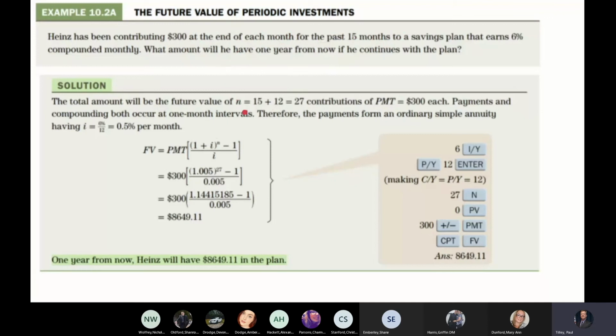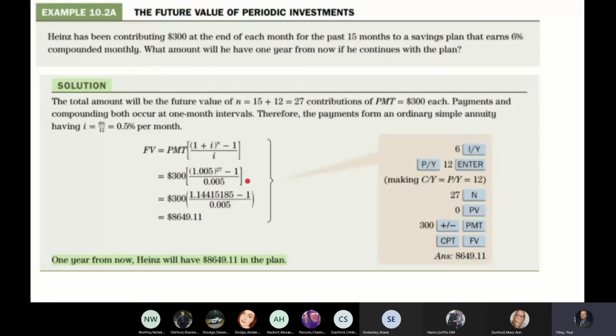And then we say, what amount will we have 1 year from now? So we've got 15 months plus 1 year from now, which is 12 months. So 15 plus 12, that's where that n comes from, of 27, minus 1, over the interest.